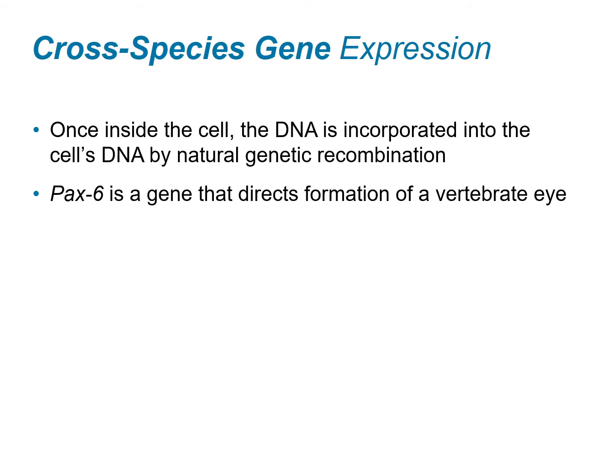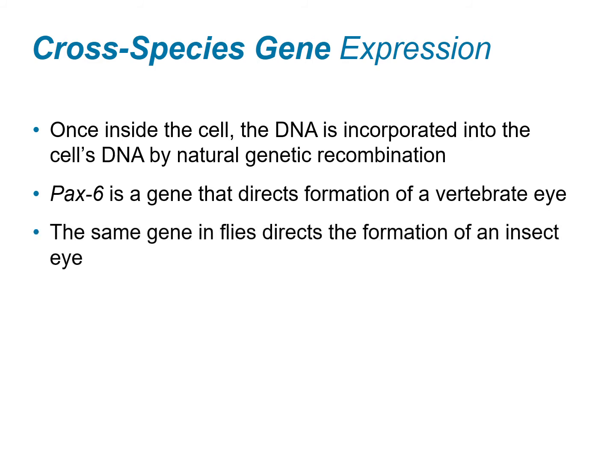So an example would be the PAX6. It's a gene that actually directs formation of the eye in vertebrates. So if we take PAX6 and compare it to the same gene in flies, it directs the formation of the insect eye. So vertebrates and insects are different groups of species, completely different.